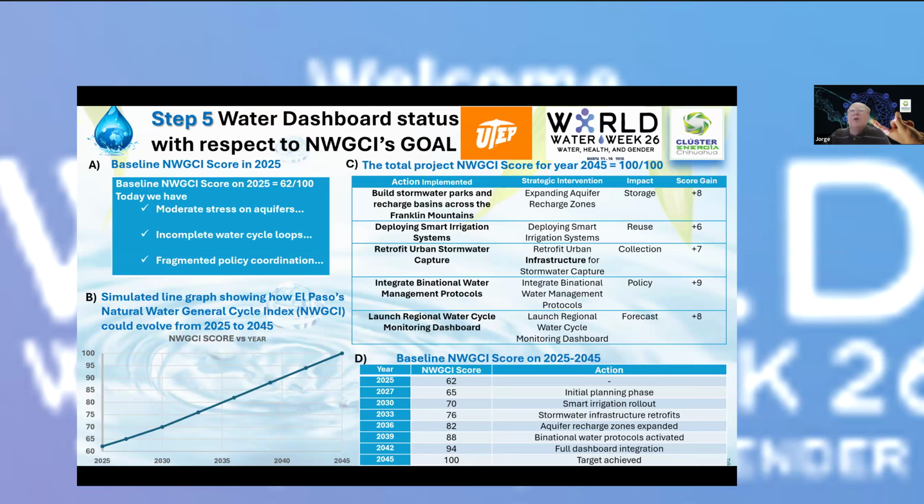Okay. In 2030, we're going to implement the smart irrigation route, and we're going to increase the score to 70%. In 2033, okay, we need money for stormwater infrastructure, and we're going to gain 6%. In 2036, we're going to increase to 82%, and we have expanded the aquifer recharge, okay, that means the water level is increasing.